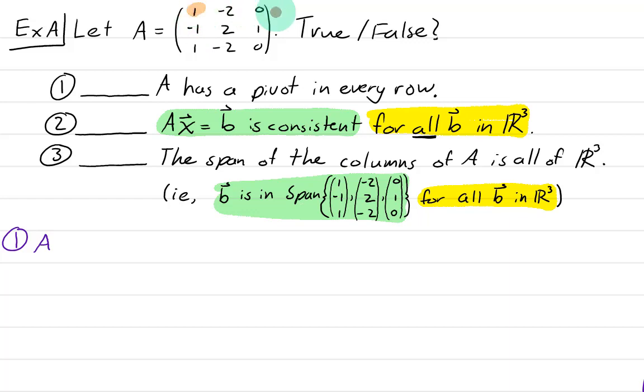And then negative row 1 plus row 3 to get a new row 3. And that should give you something like this. So you can see that the pivot positions are not in every row. It only has 2 of them. So whatever that has to do with these other two, we know that this statement is now false.